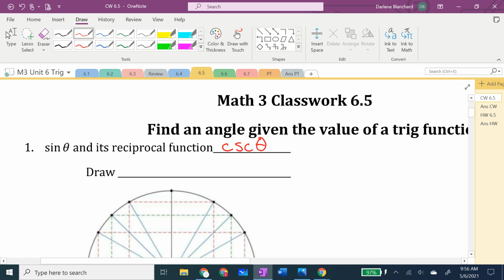Now, if you're trying to find angles for the answer to sine theta or the answer to cosecant theta, do you remember what type of line I told you yesterday to draw if it's sine? Horizontal line.